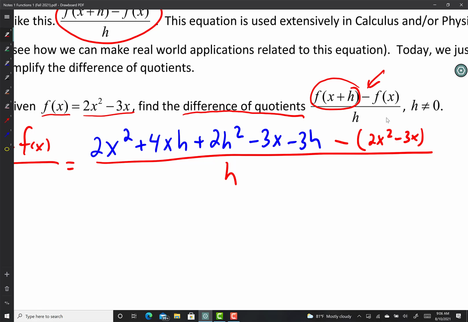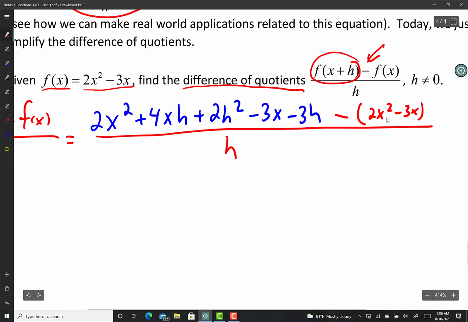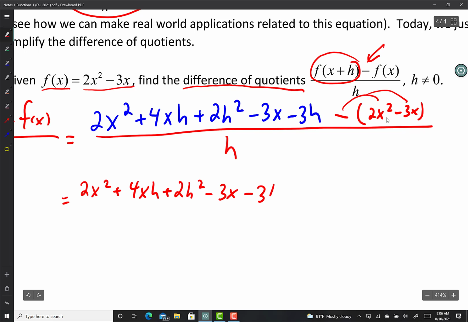All right, are we okay so far? Here we go. I'm going to distribute this negative like so. So now I'm not writing it in blue anymore. 2x squared plus 4xh plus 2h squared minus 3x minus 3h minus 2x squared plus 3x.